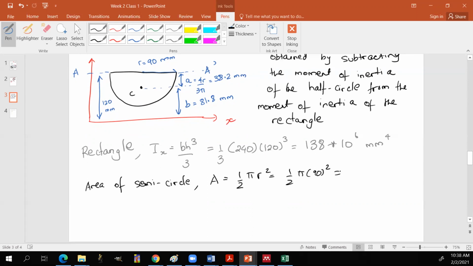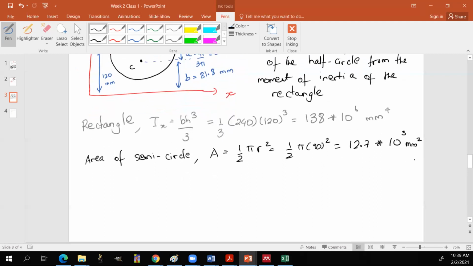What does that come out to be equal to? 12.7 times 10 to the power 3 units. Millimeter squared, right? Come on. You guys have to be quick on that one.